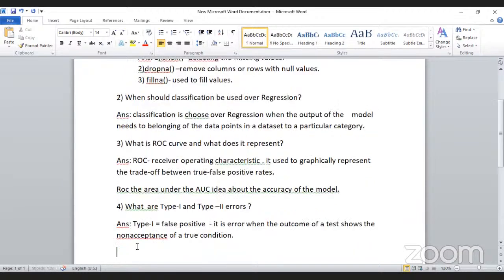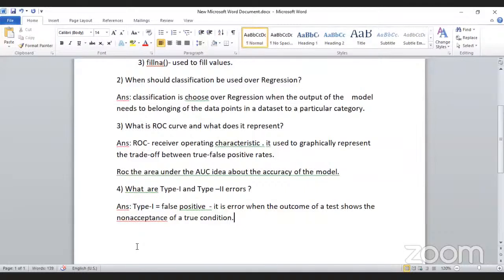Okay. Type 1 is what? It is false positive. It is an error when the outcome of a test shows the non-acceptance of a true condition.